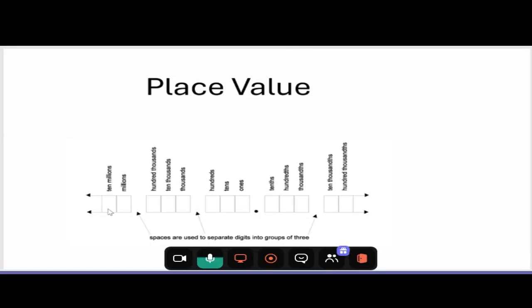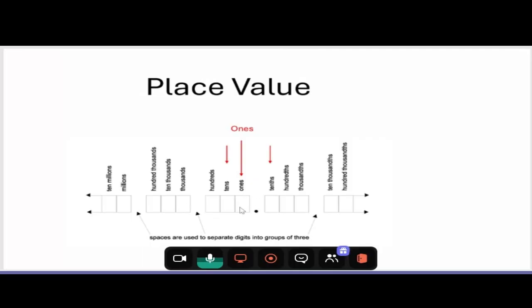Everything over here to the left of the decimal makes them big numbers. Everything over here to the right of the decimal is small numbers. From the ones is where we start to name our decimal places.